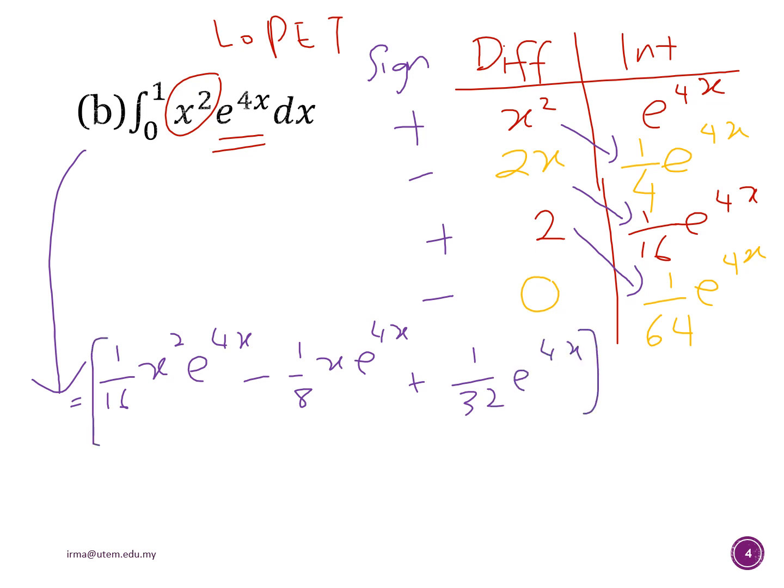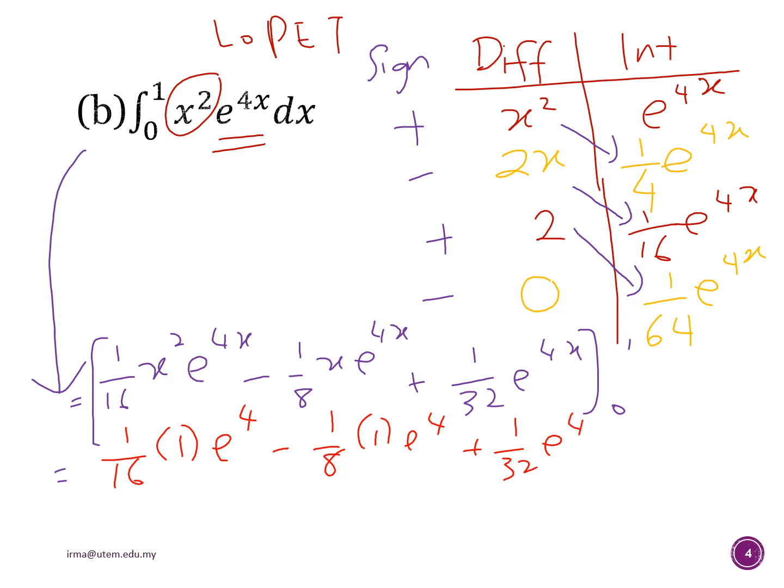And we need to put the limits of integration. So 1 over 4, 1 e to the 4, minus 1 over 8 times 1 e to the 4, plus 1 over 32 e to the 4, minus 0 minus 0 plus 1 over 32 e to the 0.